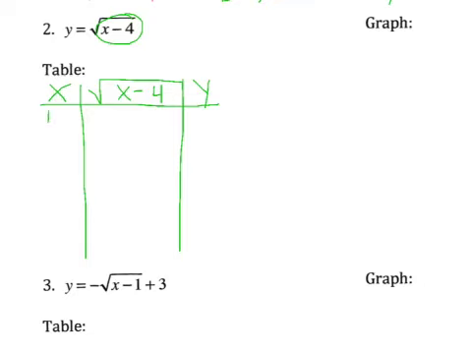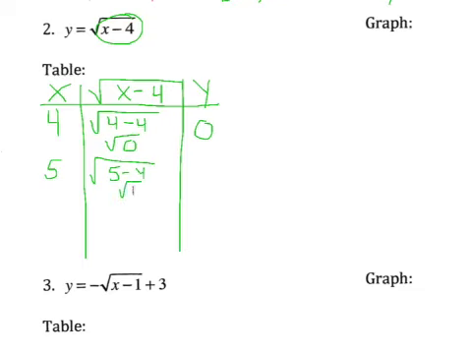So the first number I'm going to plug in is a 4. That's because the square root of 4 minus 4 is the same as the square root of 0, which equals 0. The next number I'm going to plug in is 5. The square root of 5 minus 4 is the same as the square root of 1, which is 1.